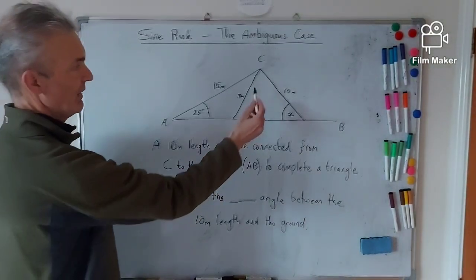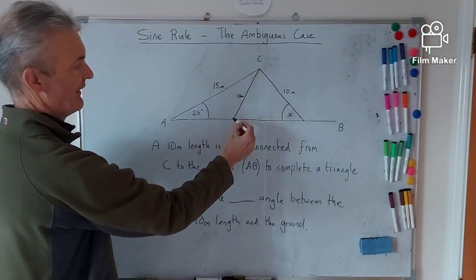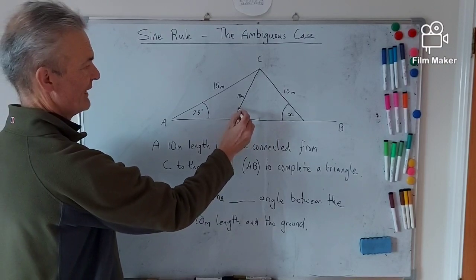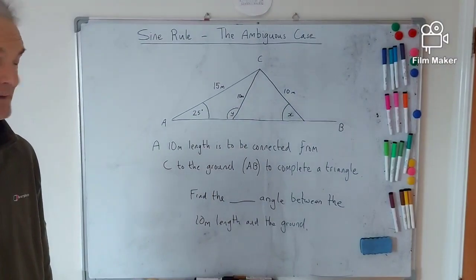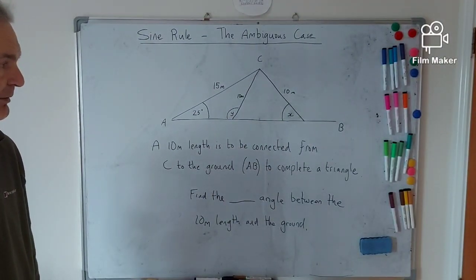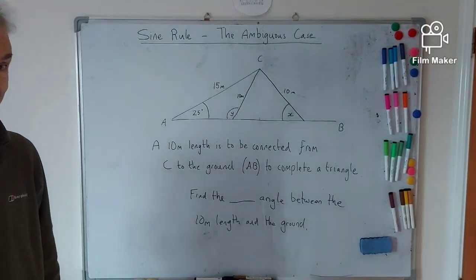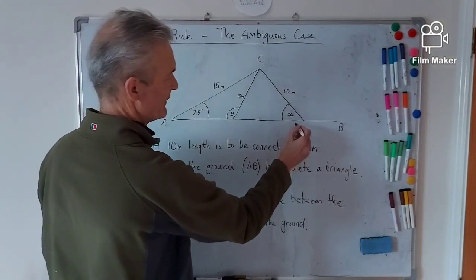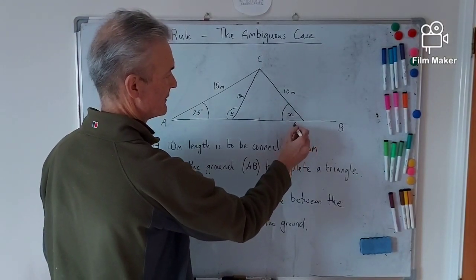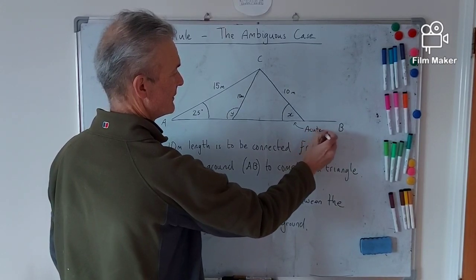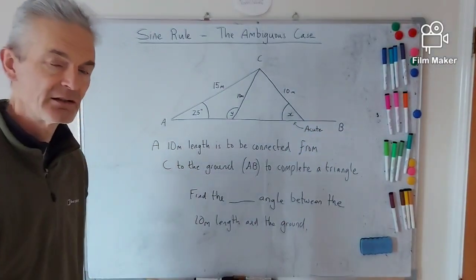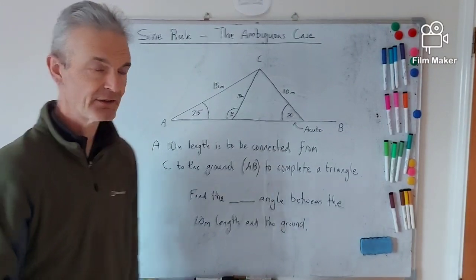But if we go the other way and put that line in, we'd be creating an angle here, which I'm going to call Y. You'll notice those angles are different. This angle X is an acute angle, remember, an angle that's less than 90 degrees.